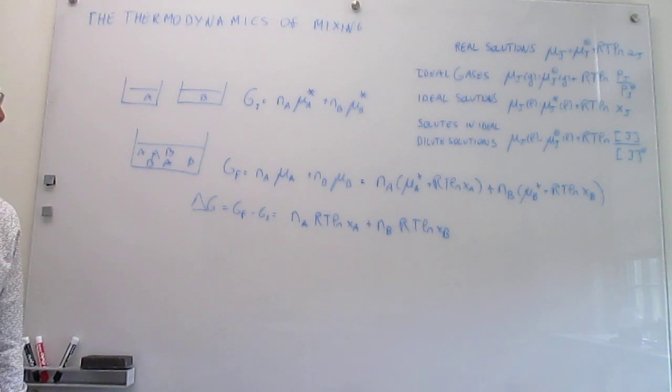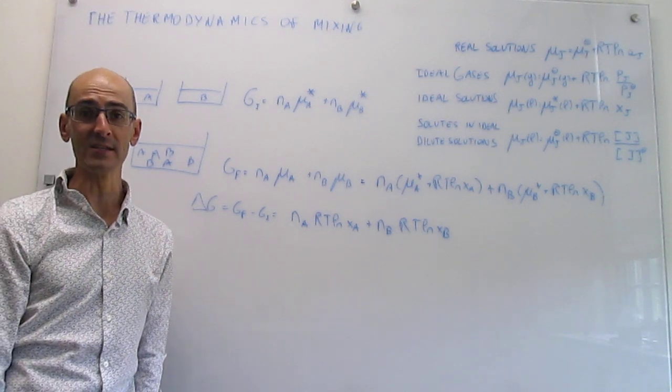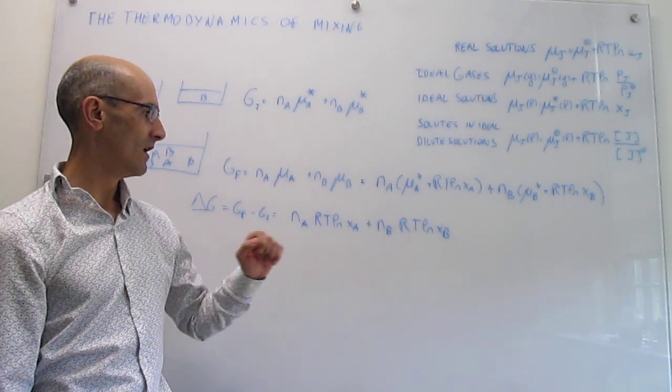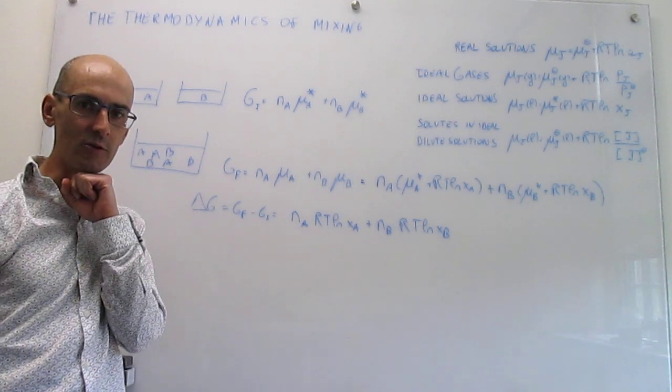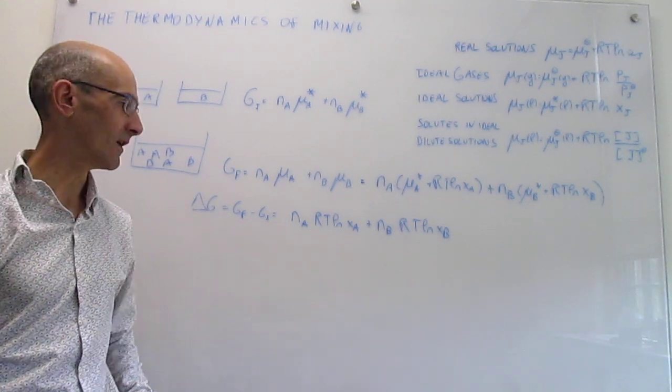That is what remains. That is the change in Gibbs energy. These are the new terms. So let's see if we can consolidate this a little bit and find out what the sign of this ought to be.